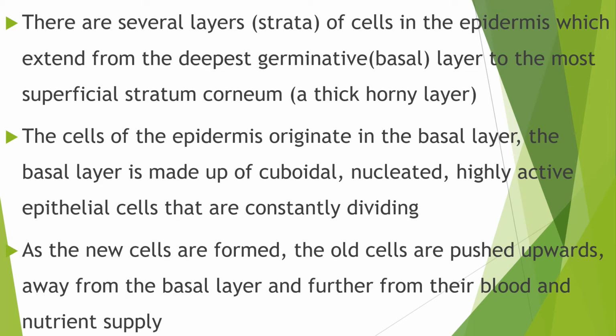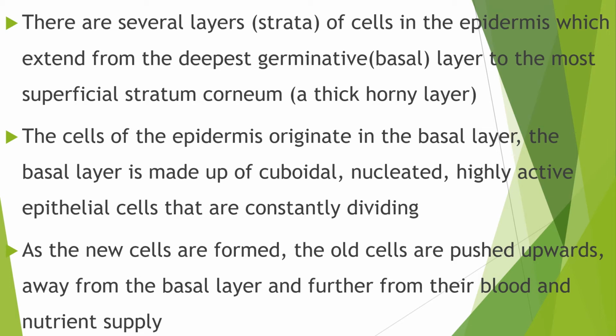As the new cells are formed, the old cells are pushed upwards, away from the basal layer and further from their blood and nutrient supply. So whenever there is a new cell formed from the dermis, they are pushed to the surface layer. Remember that we said things come from the basal layer to the superficial layer.